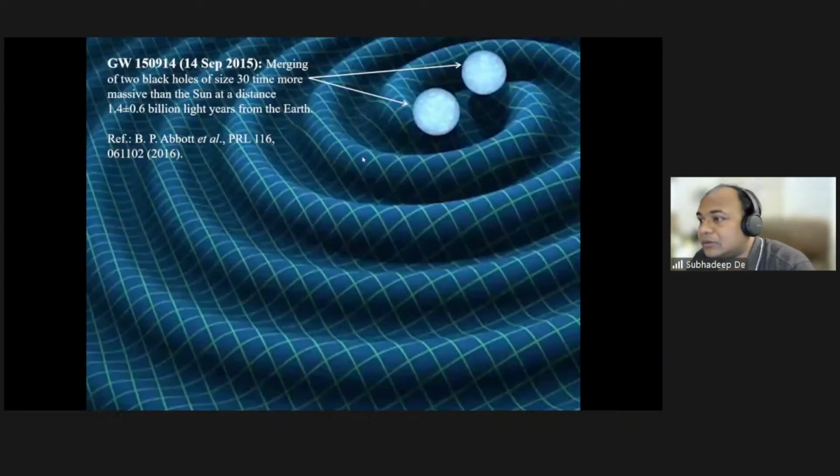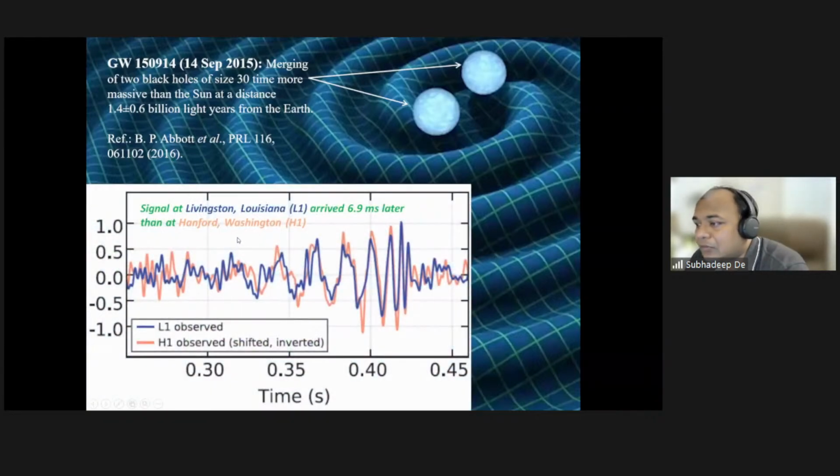For example, the first gravitational wave was detected in 2015 and reported in 2016, in Hanford and Livingston, two different LIGOs. These are the two different signals: the blue one is from Livingston and the red one is from Hanford. This is the signal from the gravitational wave, and the signals in these two observatories have a 6.9 millisecond time difference.